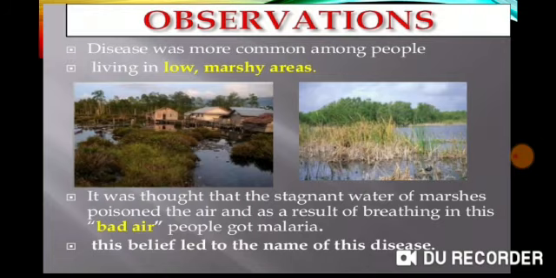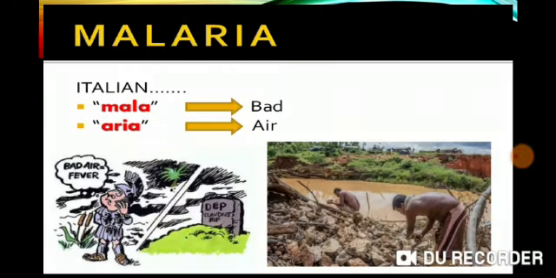Observations were made that it is common among people who live in low standard areas and marshy areas, where there is dirty, filthy and stagnant water, and the air of that area is bad and pungent. They believed that this was the cause of malaria, and that bad air led to its name as well. It is an Italian name in which mala means bad and area means air.